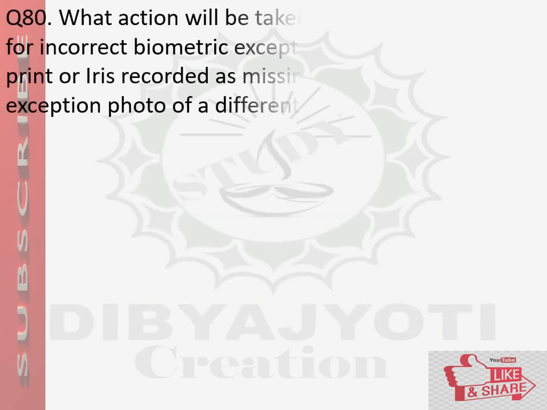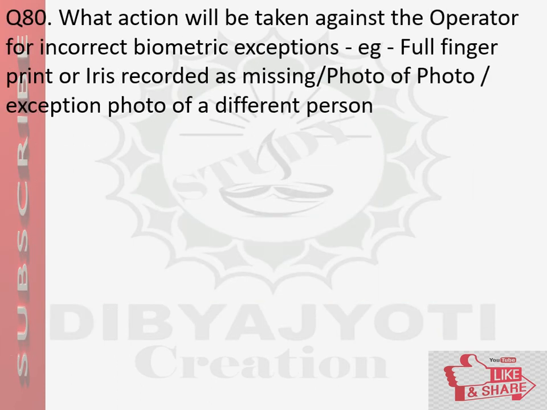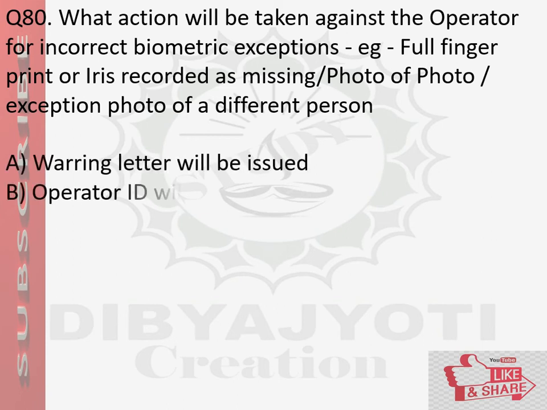Then next, what action will be taken against the operator for incorrect biometric exception? For example, full fingerprint or iris recorded as missing, photo of a photo, exception photo of a different person.